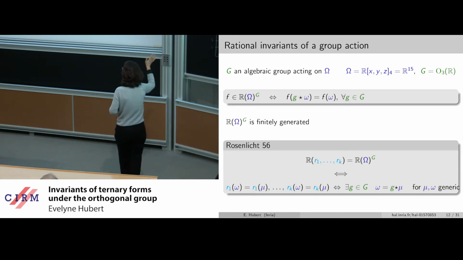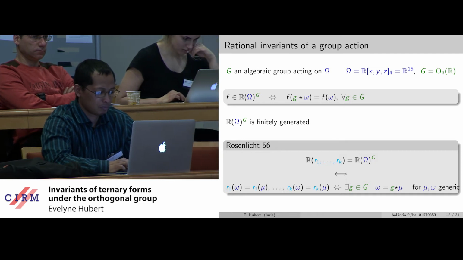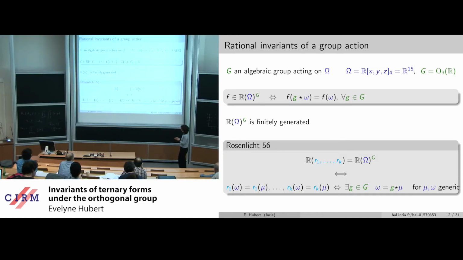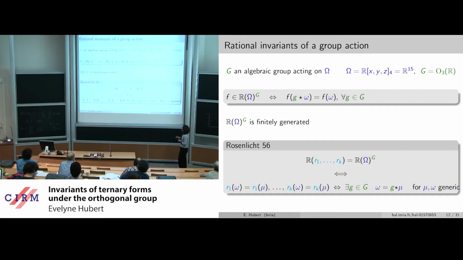Without the differential and without the manifold, these rational invariants decide the equivalence, in the sense that if you have two objects, they will be in the same orbit if and only if the invariants agree on these two points. Nonetheless, this holds outside of some lower dimensional variety.